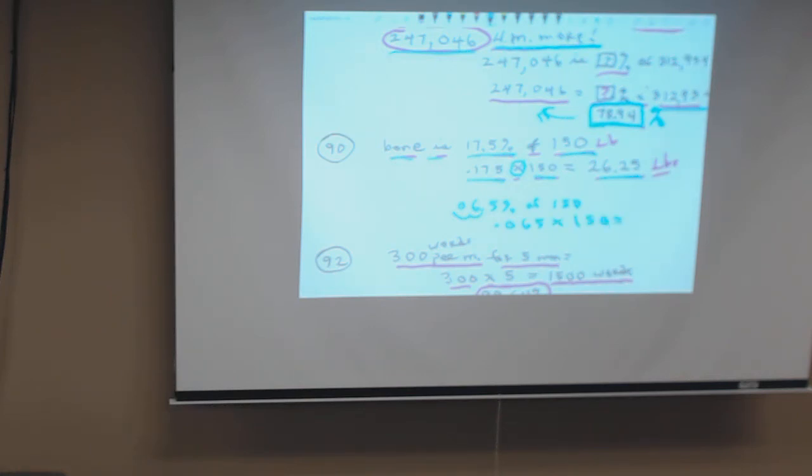What would that equal? 0.065 times 150, 9.75 pounds. That's how much you're packing around in organs.